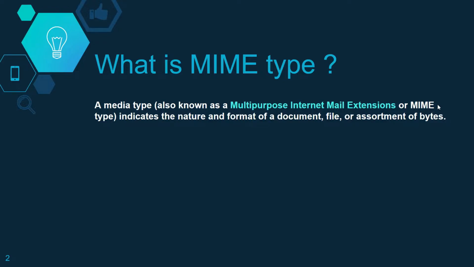Earlier we were using SMTP to transfer data in zeros and ones from one end to the other end. But the limitation of using SMTP was that it has a limited length for sending characters, and you cannot even send videos and images in SMTP.